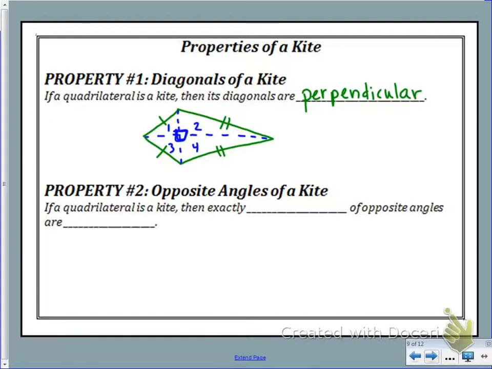Property number 2, opposite angles of a kite. If a quadrilateral is a kite, then exactly 1 pair of opposite angles are congruent. Now the word exactly means precisely. It can't be 2 pairs, so only 1 pair of angles.